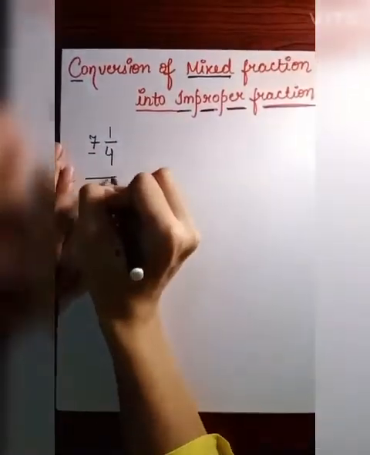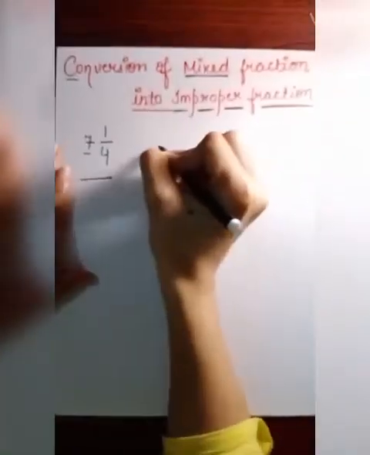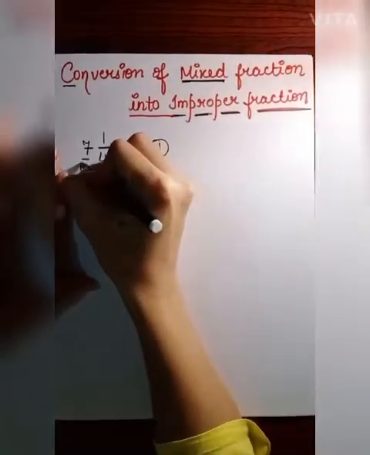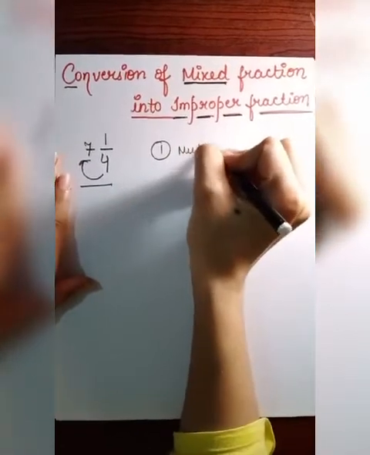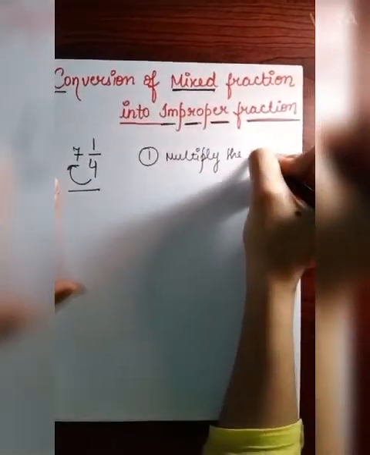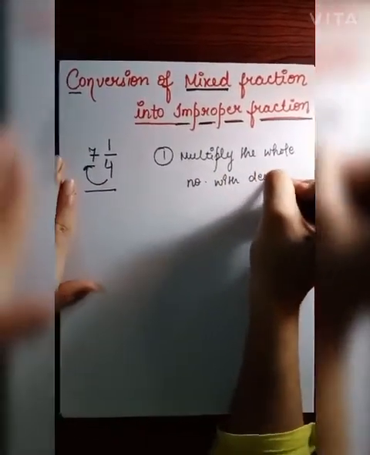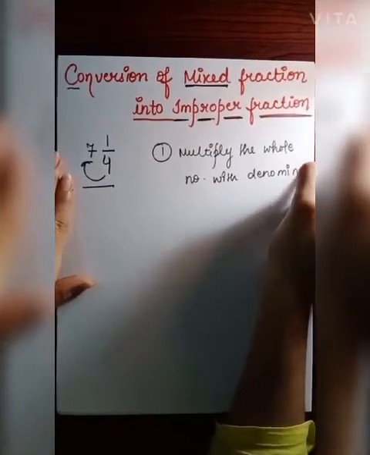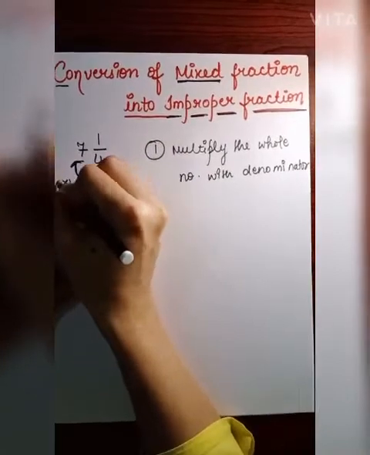This is a mixed fraction. How are we going to convert it into the improper fraction? First step: we will multiply the whole number with the denominator. Here in the example, we will multiply 4 into 7.